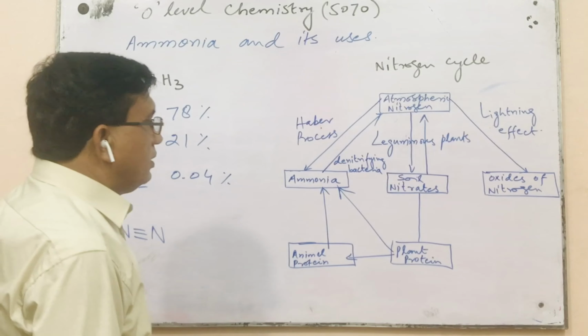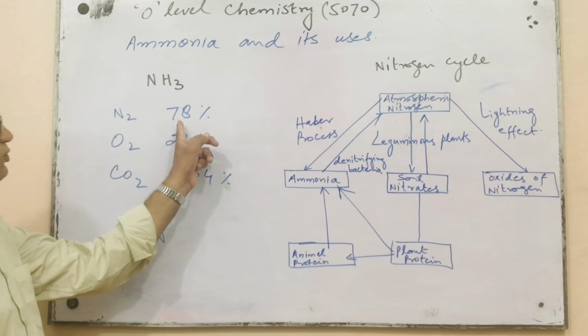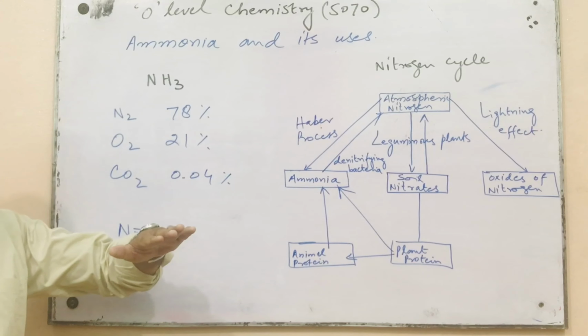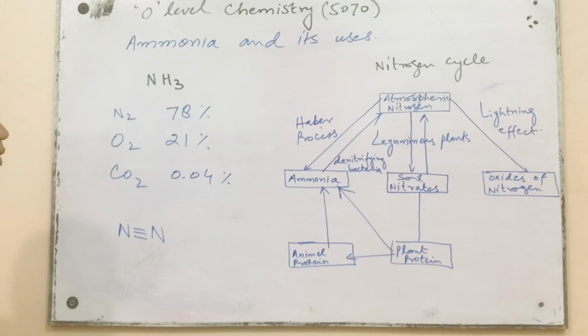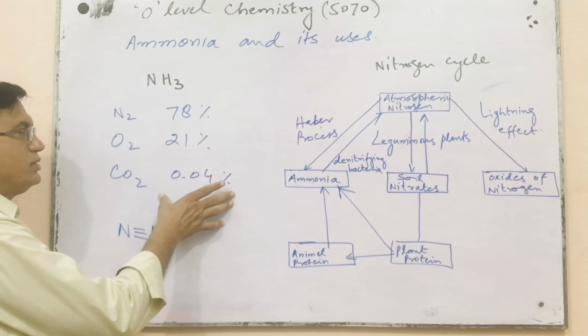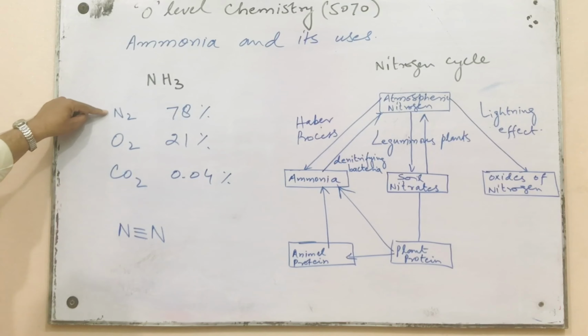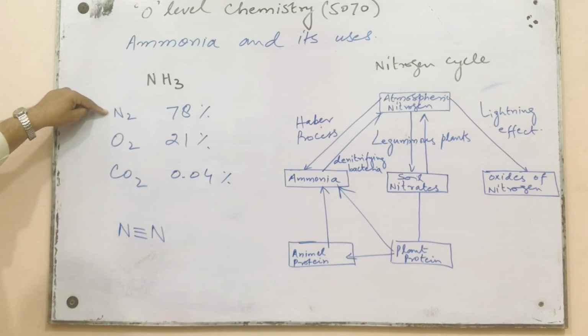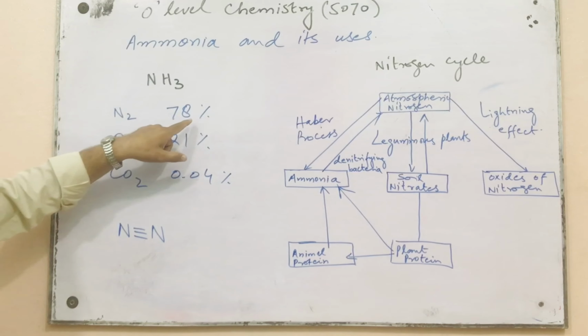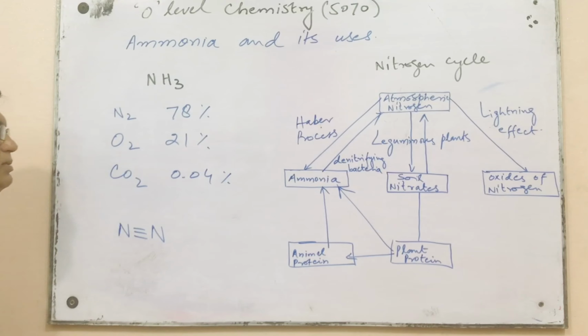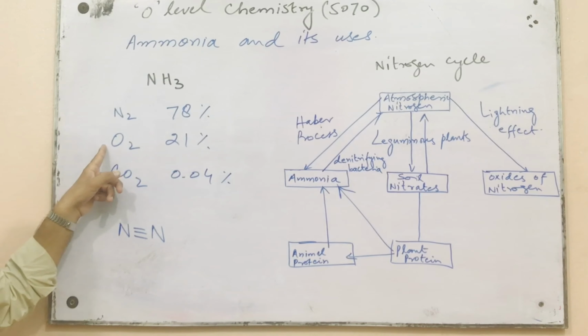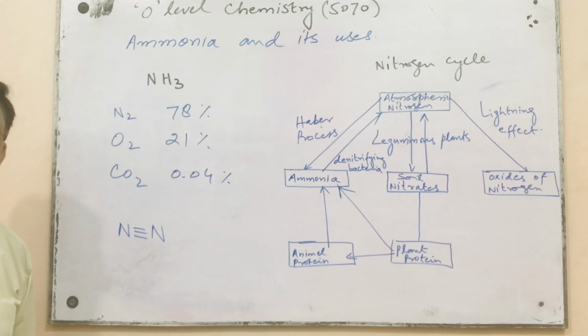The percentage of nitrogen remains 78% in the atmosphere at a constant rate. Why? Because there is a nitrogen cycle which maintains the percentage of nitrogen at 78%. Similarly, there is an oxygen cycle and a carbon cycle also.